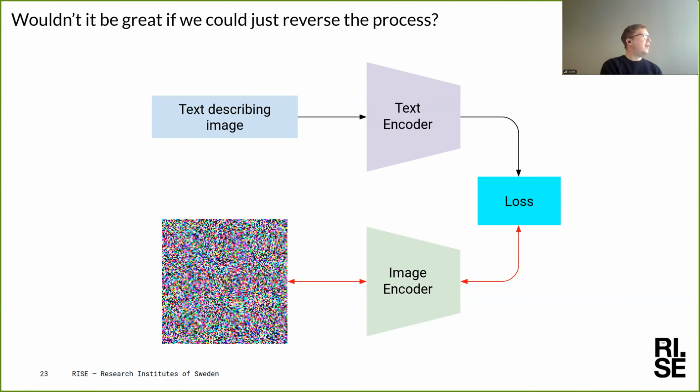Now, clip is two transformers, right? So there is no generative model here, so you can't just get an image out of the transformer. But what if you could backpropagate from a prompt into a noisy or random image and then update it with the gradient?